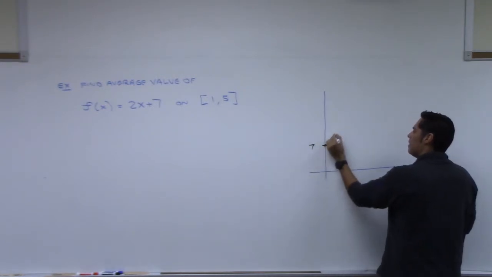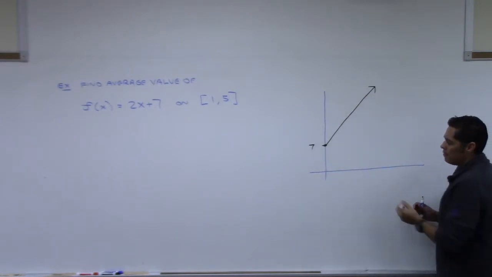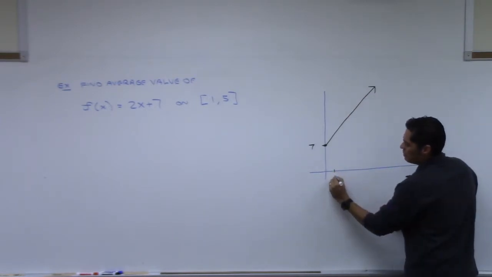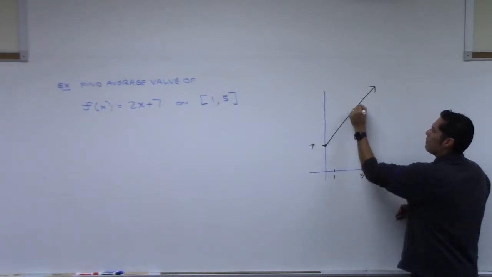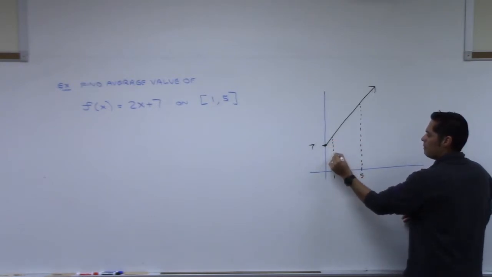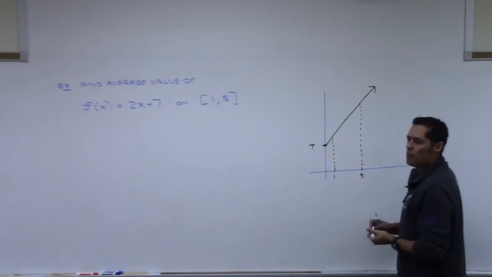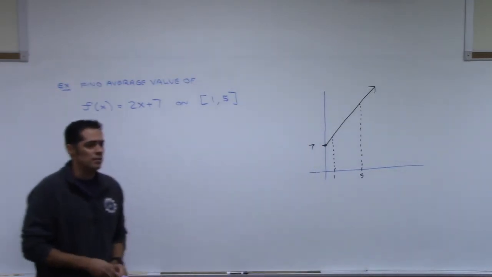So maybe it looks something like that. And we want to look between 1 and 5, and try to figure out what the average value is of the function on that interval.